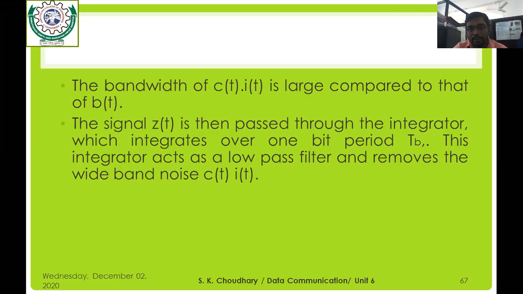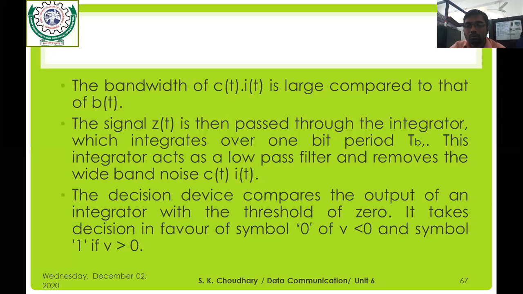So the bandwidth of c(t) i(t) is very large compared to b(t), and the resultant signal z(t) is then passed through an integrator, which integrates over a 1 bit period, that is Tb, and this integrator acts as a low pass filter. So it removes the wideband noise c(t) i(t). It only passes the low frequency or low bandwidth signals and rejects the high bandwidth signals.